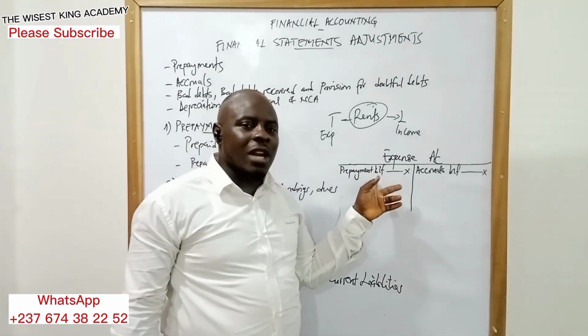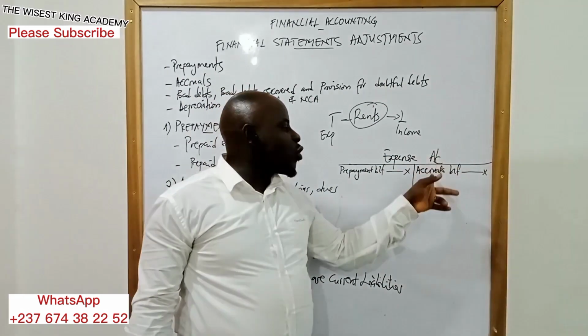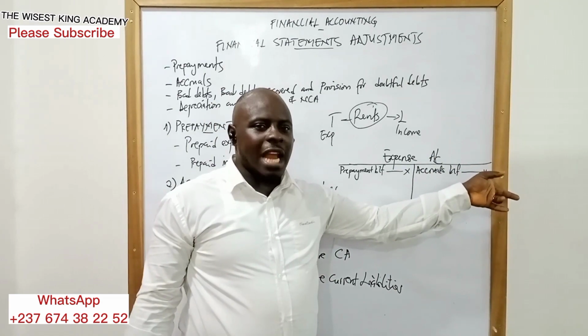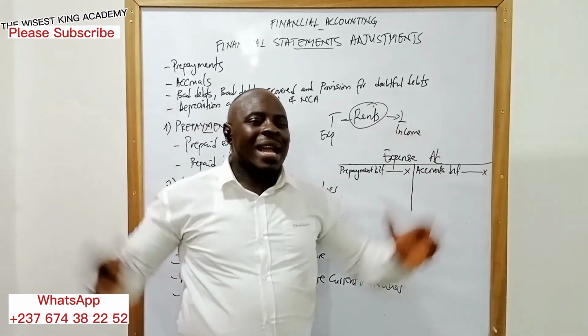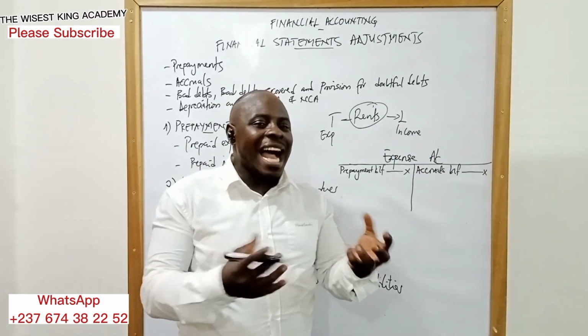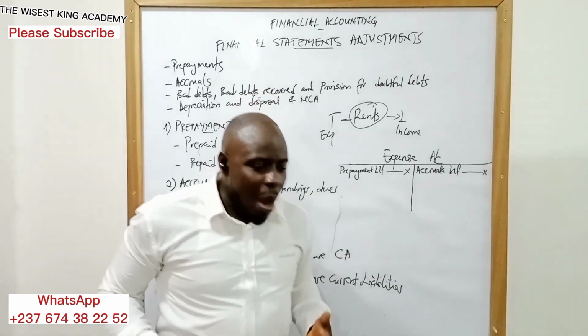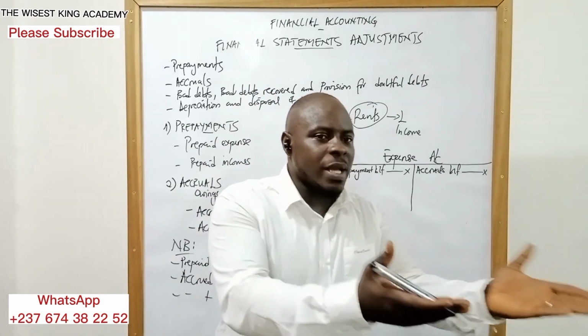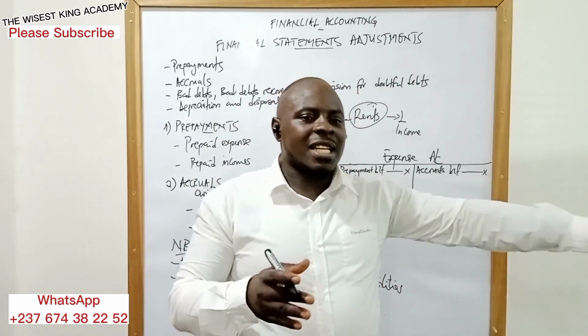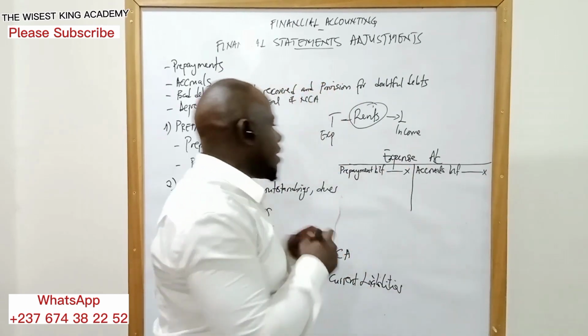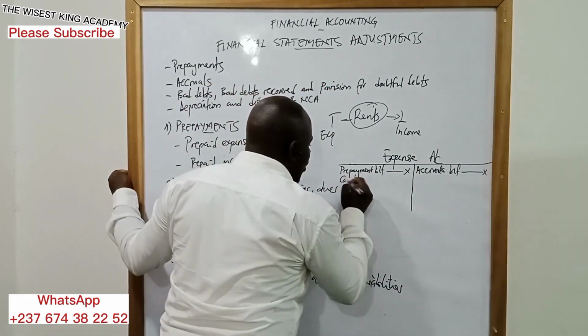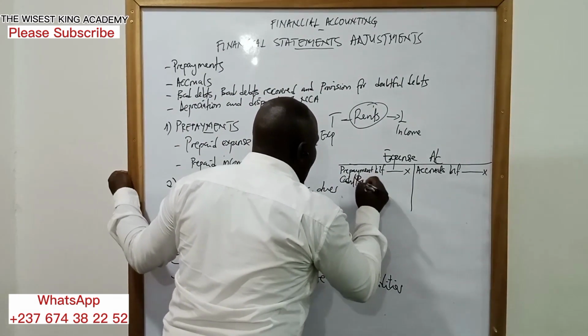It's because it's a current asset. Expenses accrued are credited because it's a current liability. Now, we generally say all expenses are debited. Why? Because when we make payment for an expense, the cash book is credited. Meanwhile, the expense itself is debited. So I'm going to put here cash or bank.